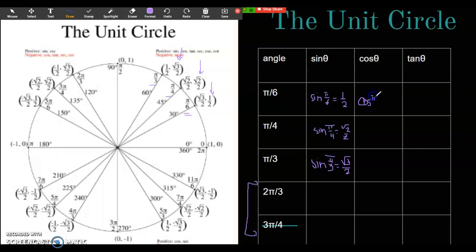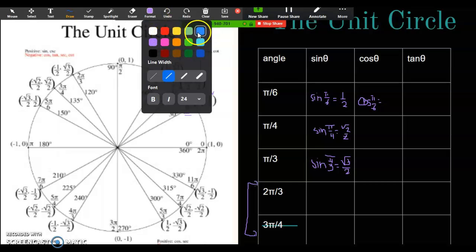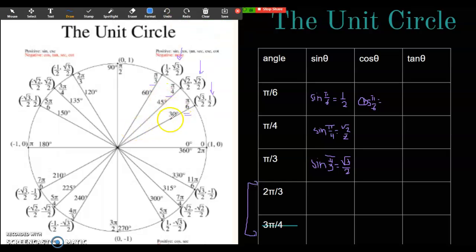So if I'm finding the cosine of pi over 6, I am looking for the x part now. I'll change my color. I go to pi over 6, I look at its x part of the terminal point, and I know that the cosine of pi over 6 is radical 3 over 2.